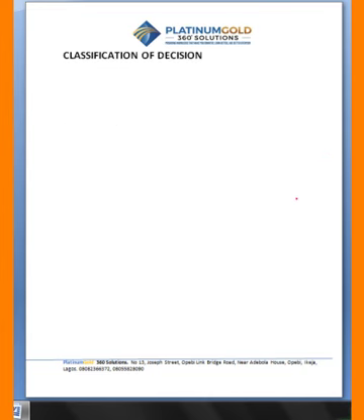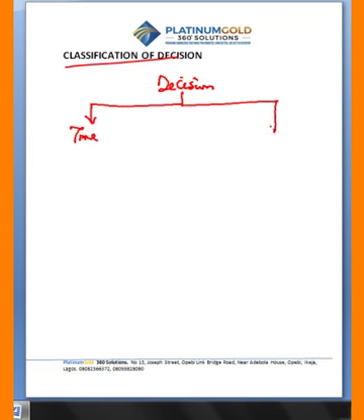Alright? Okay? Now, once you have been able to identify the decision process, in this topic we'll look at the classification of decisions. So your decisions can be classified into types. We can look at decisions based on time. We can look at decisions on the basis of the circumstance under which decisions are made.